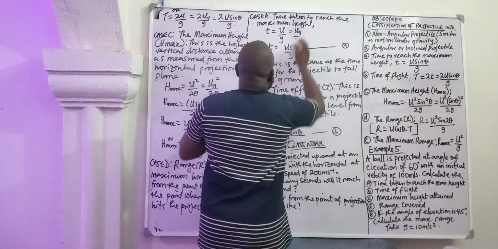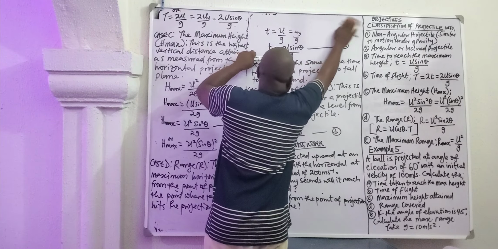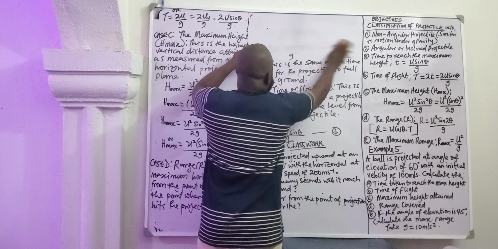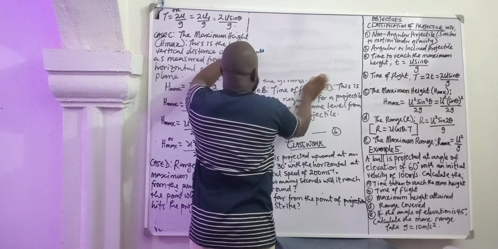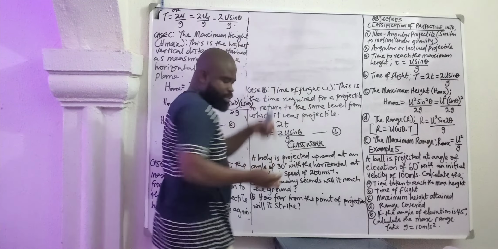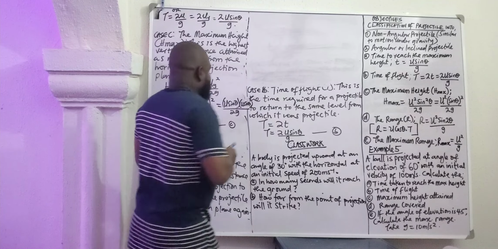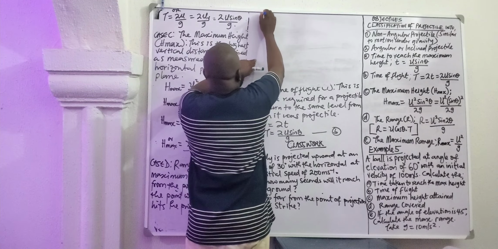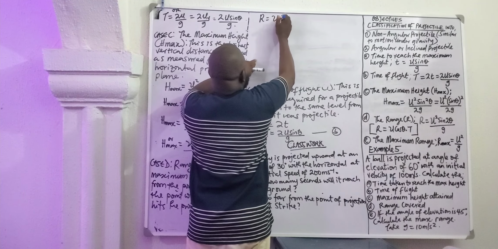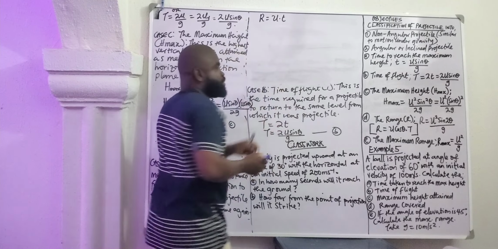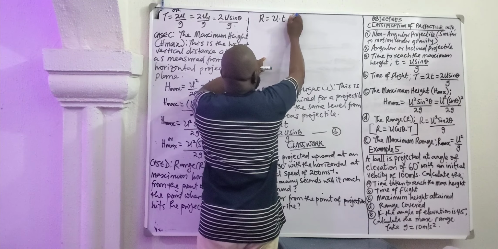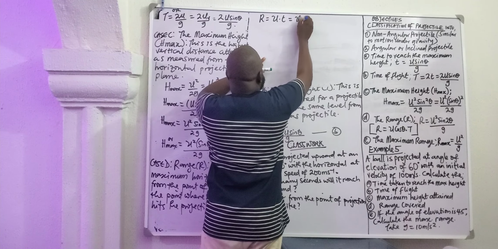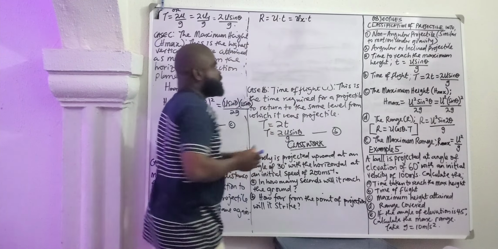Now, how do we obtain the range? Once again, you remember for the vertically upward motion, we have a formula for range, and that formula says range is u times t. Now, I also mentioned in that class that this u is actually ux, times t.